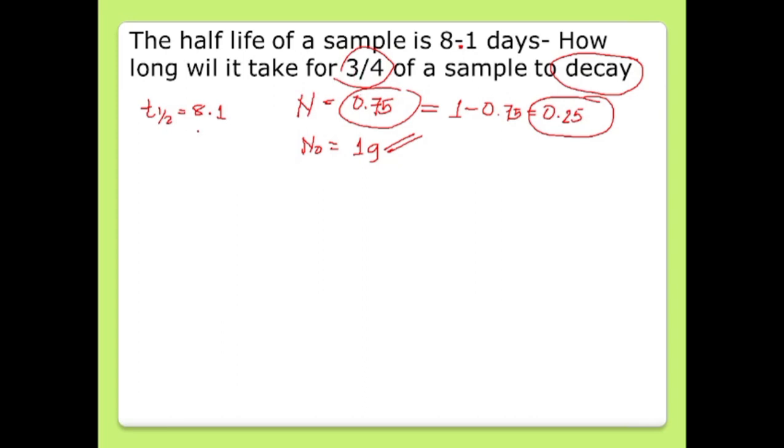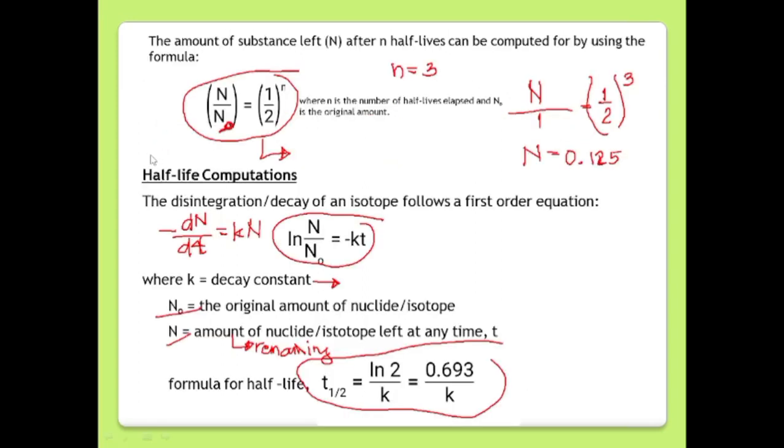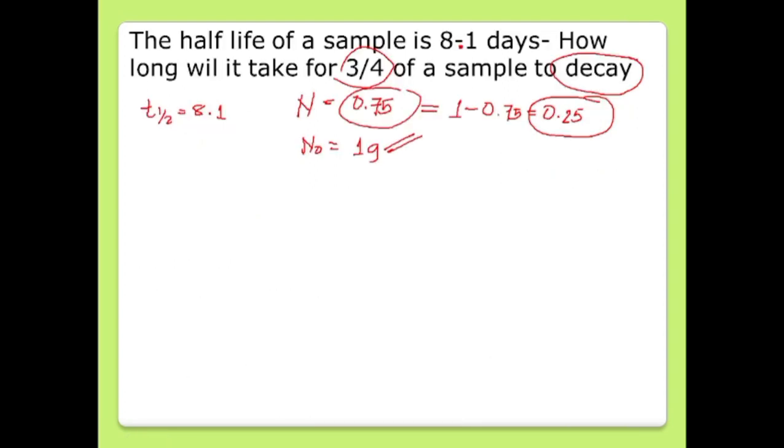So, plugging in the value dun sa equation natin, this is our working equation. That would be ln N over N0 is equal to negative kt.